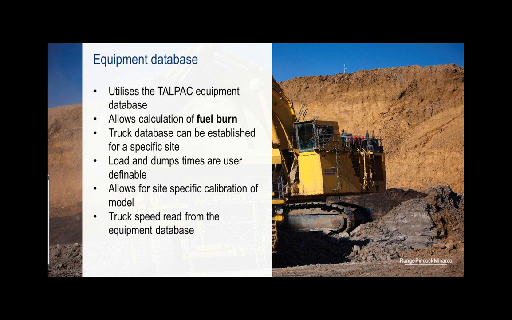As I mentioned before, it allows calculation of fuel burn, and your load and dump times are user configurable. So if you've got different specifications for each of your loaders and each of your trucks or truck fleets, you can customise the database to suit. It allows for site-specific calibration of your model, and it reads its final truck speed from the equipment database as well.